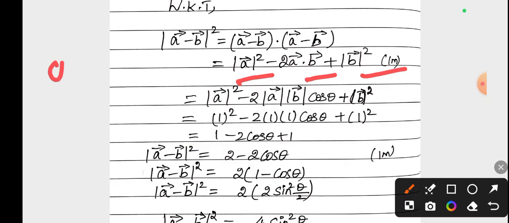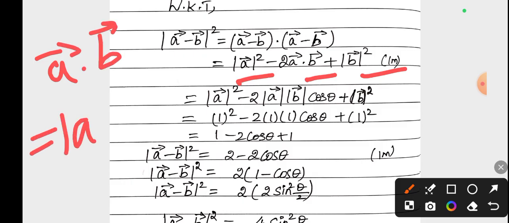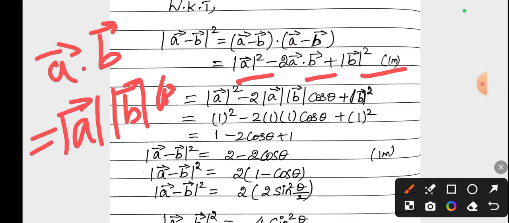We all know A vector dot B vector is nothing but magnitude of A vector, magnitude of B vector cos theta. So that's the step you are getting: magnitude of A square minus 2 into magnitude of A vector, magnitude of B vector cos theta plus magnitude of B square.